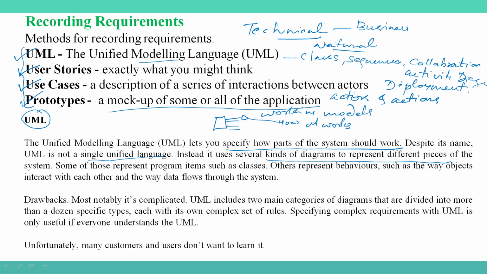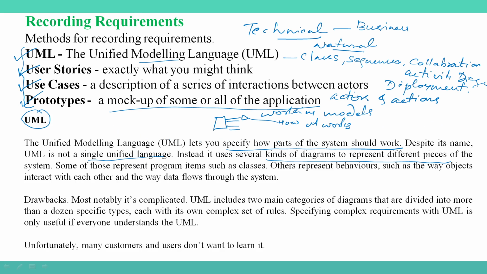As I told earlier, you can use class diagrams, sequence diagrams, collaboration diagrams, activity diagrams, deployment diagrams, etc. Some of these represent items such as classes, others represent behavior, the way objects interact with each other, and the way data flows through the system.